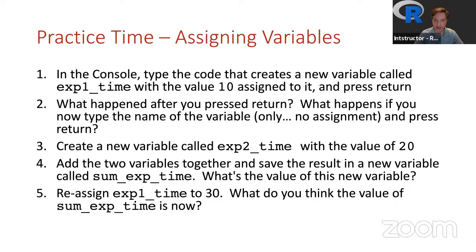The R community has, I would say, consolidated around the use of the assignment operator, the thing that looks like the arrow. That's what you're going to see hopefully most of the time in well-written R code. It's just by convention. So in this case, there is really no difference. You can use both, but the suggestion, the proper way, if you will, to do assignment is to use that thing that looks like the arrow.